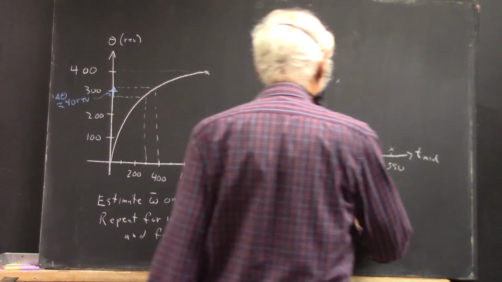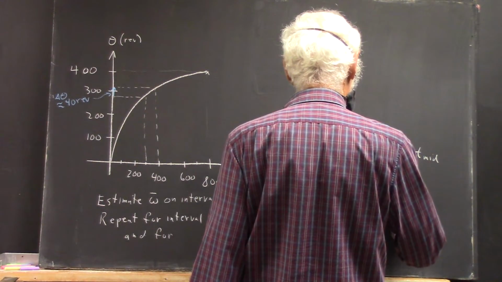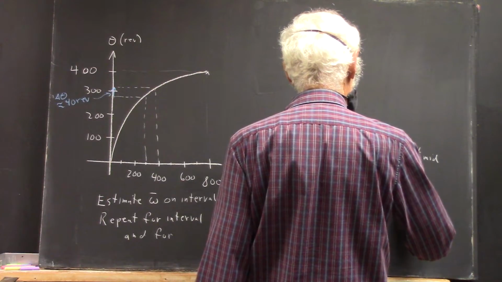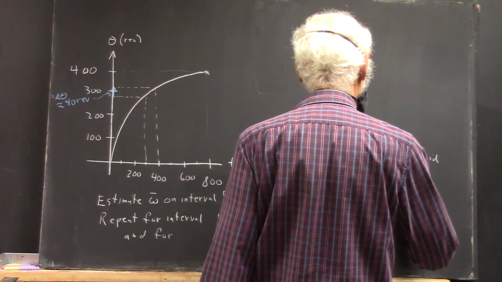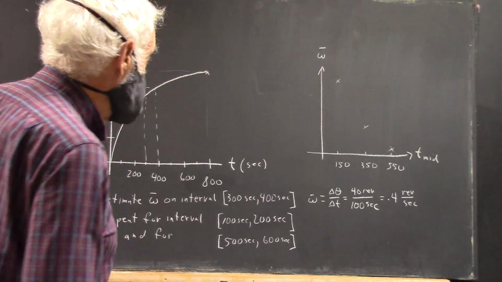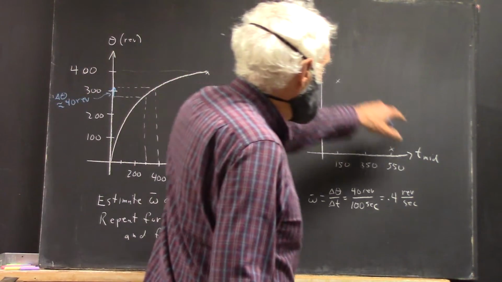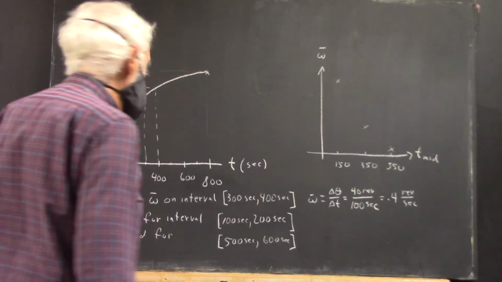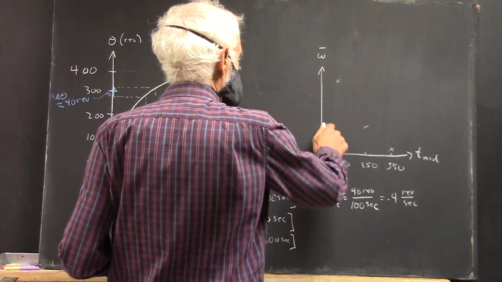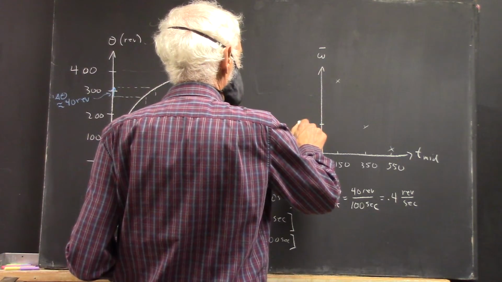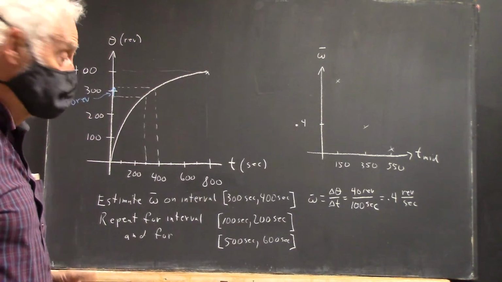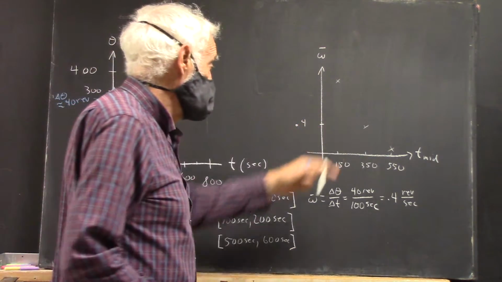And everybody had that. So, on a graph of omega bar versus t mid, 0.4 revolutions per second might be here. Okay? Let's just say that is 0.4 revolutions per second.